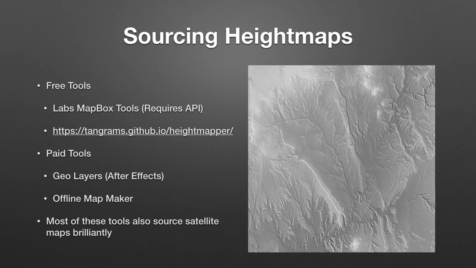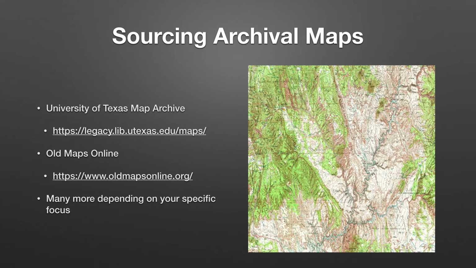So here we're talking about height maps, but these tools, besides the Tangrams tool, will also source satellite images. And that's really important because we want a matching satellite image for our height map to start this effect off.